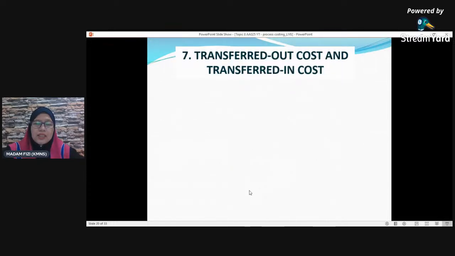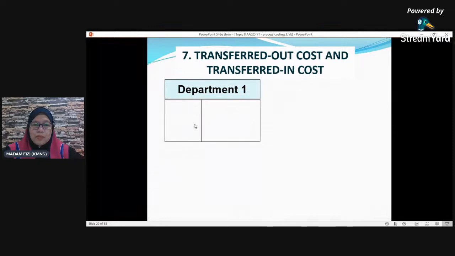Okay, next. Saya nak sentuh semula tentang the transferred out cost and the transferred in cost. Tadi kita dah faham kan? Jika kita ada dua department, okay, maksudnya dia ada dua proses, okay, proses 1 and proses 2. Okay, so in department 1, okay, the unit completed, kita akan transferred out.